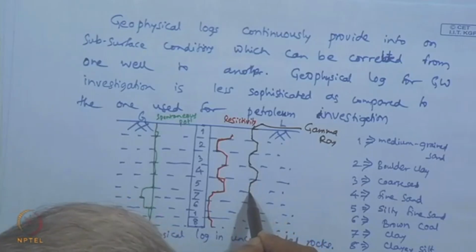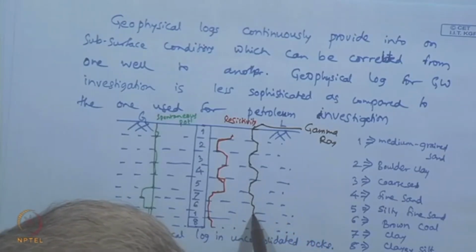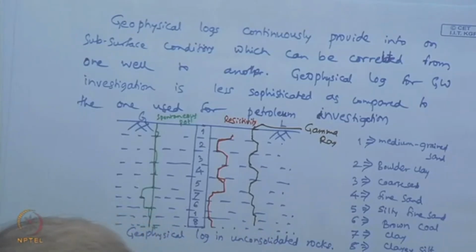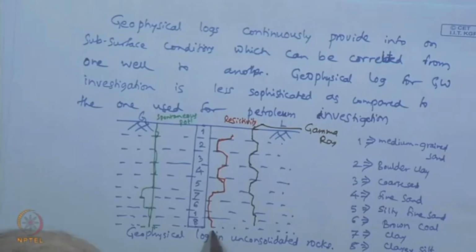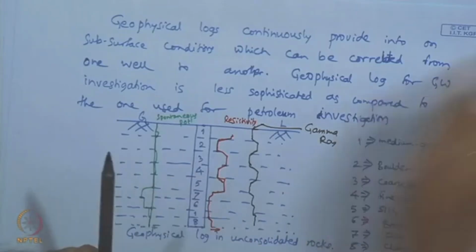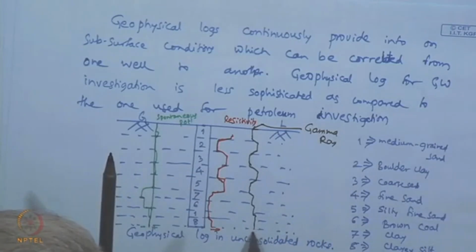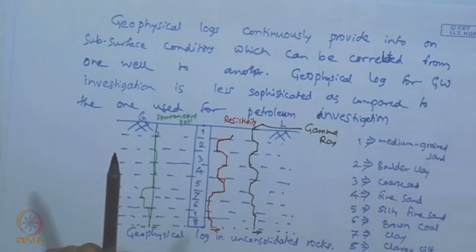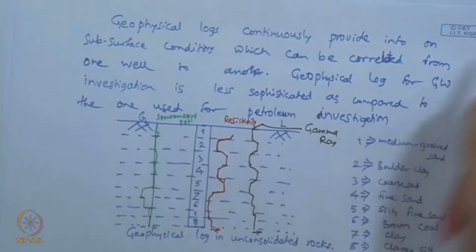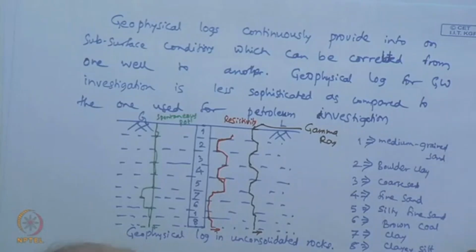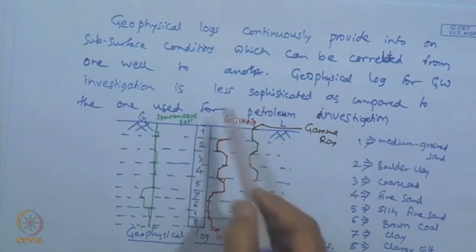In this case the values increase in this direction, whether it is the electrical resistivity or the gamma ray, and then the same thing can also be done for the caliper. We will discuss each of these separately.